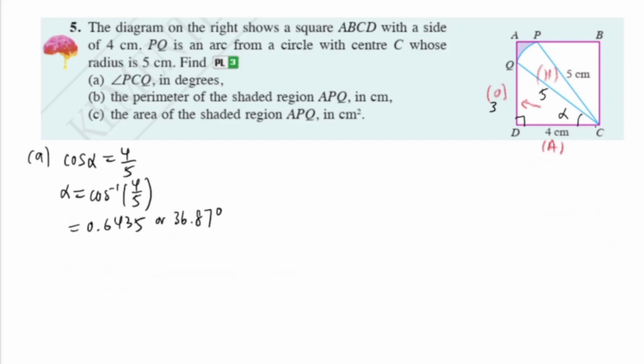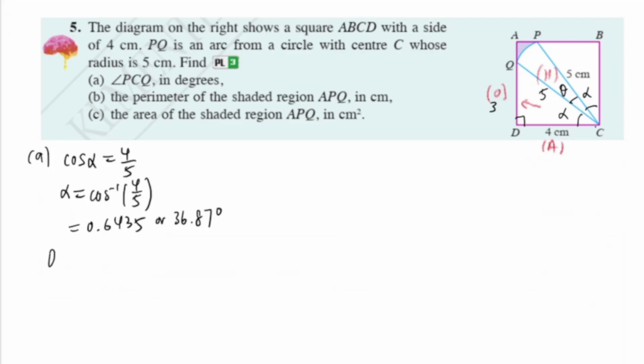Now if you use radian to find this angle theta, PCQ, I need to use 90 minus 2 alpha, because angle QCD and PCB are actually the same. They are both alpha.